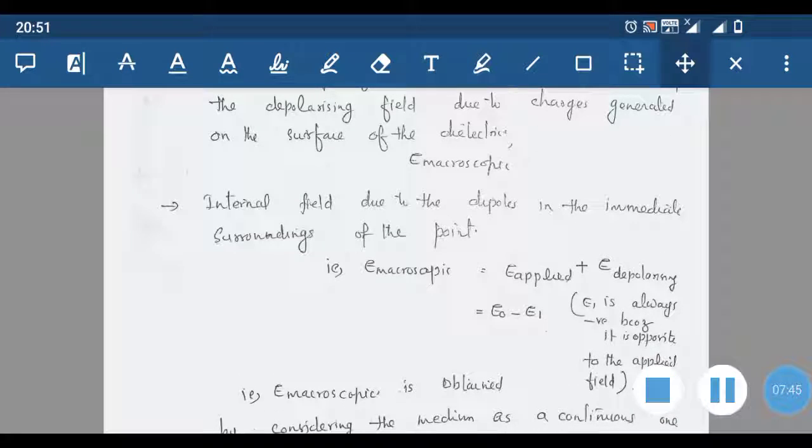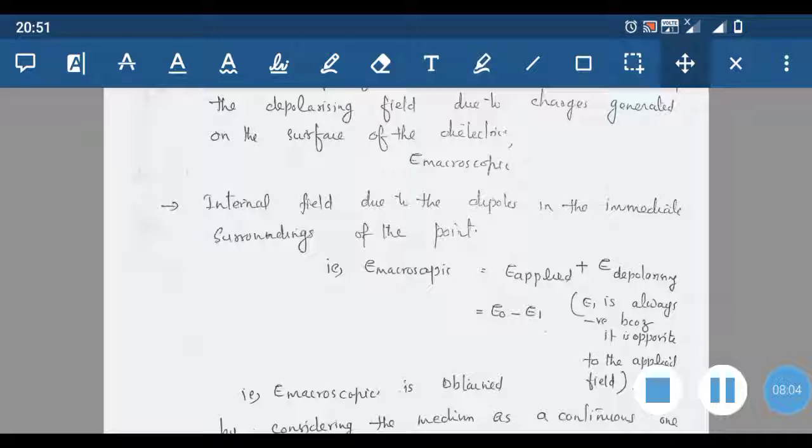Now the second contribution to the local field is the contribution from the internal field due to dipoles in the immediate surroundings of the point. So some field will be produced due to the dipoles in the immediate surroundings of the particular point.